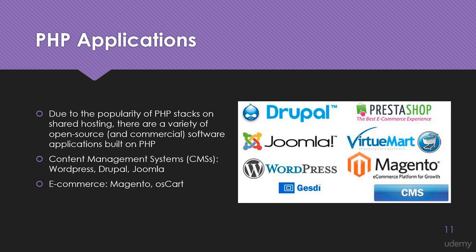You have content management systems that you can use to build an entire website that are built on WordPress or Joomla or Drupal. You can build e-commerce websites using Magento or OS Cart, and there's other e-commerce and content management systems as well. There's also just a whole bunch of other software like Civi CRM for CRM applications, and many applications built on PHP.